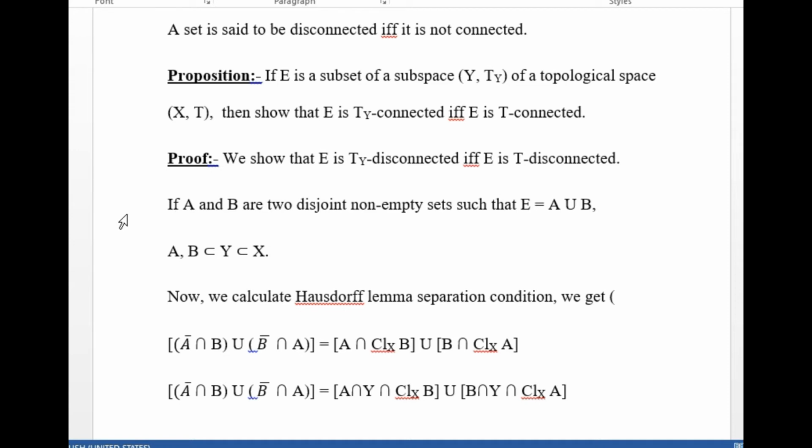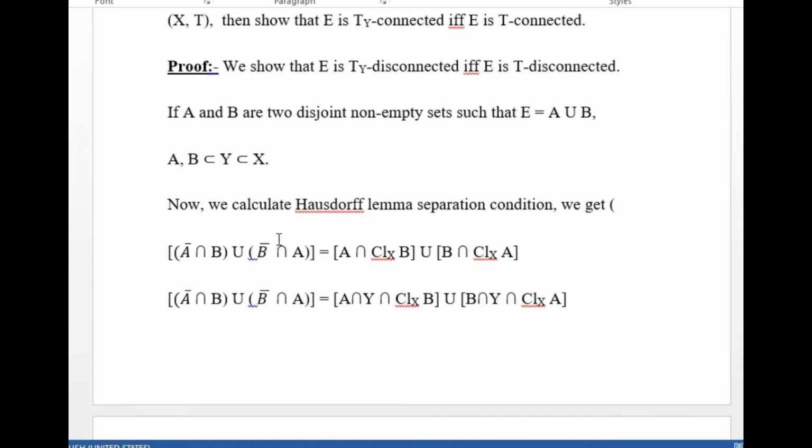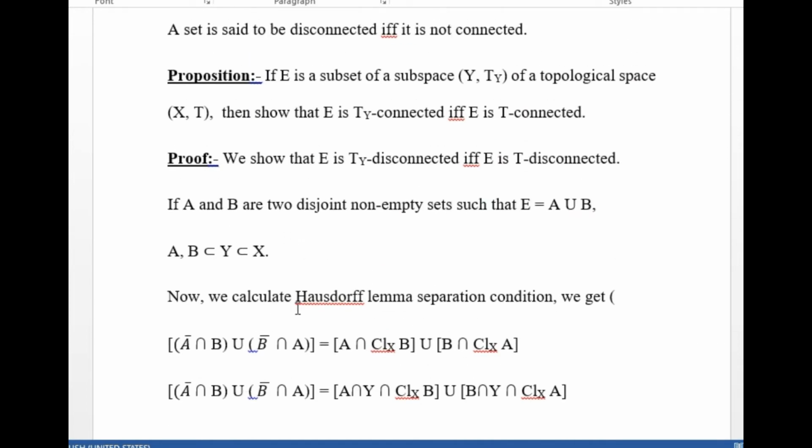Now we suppose that A and B are two non-empty sets such that E is equal to A union B, where A and B are subsets of Y, and Y is a subspace of X, so Y is a subset of X. Now we calculate the Hausdorff-Lennes separation condition.